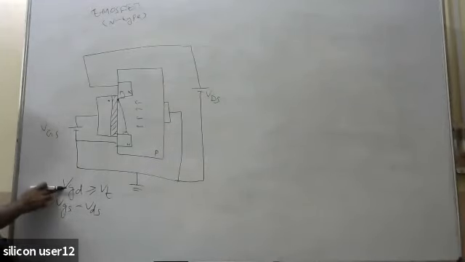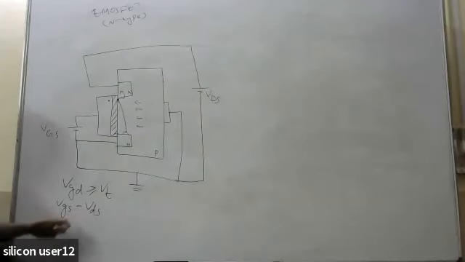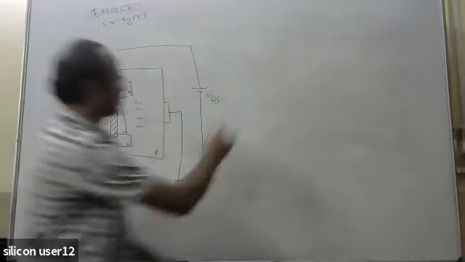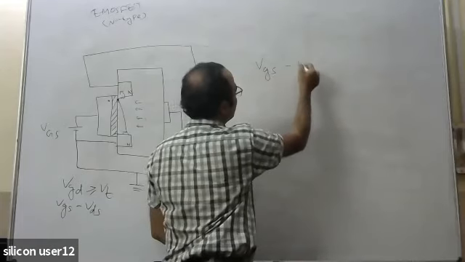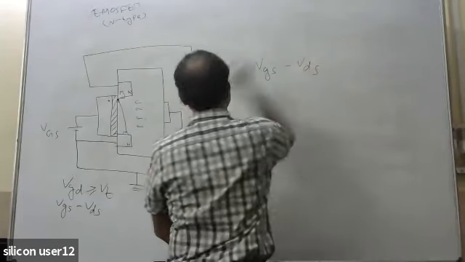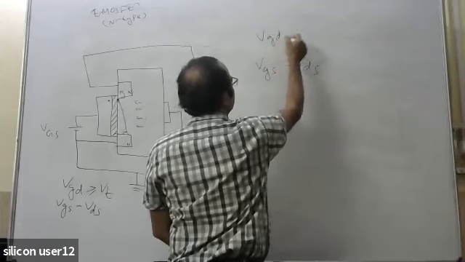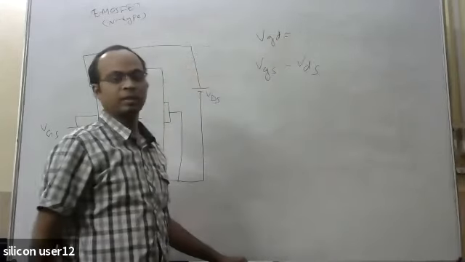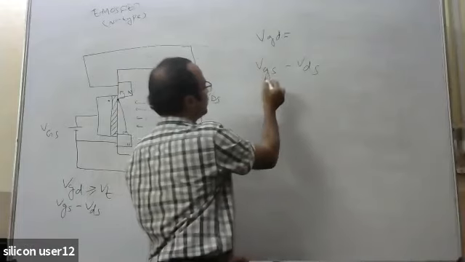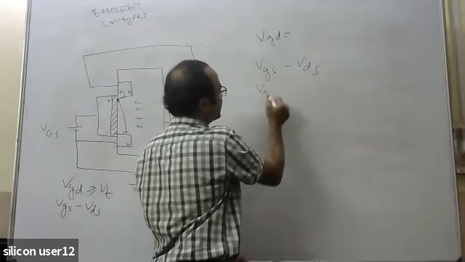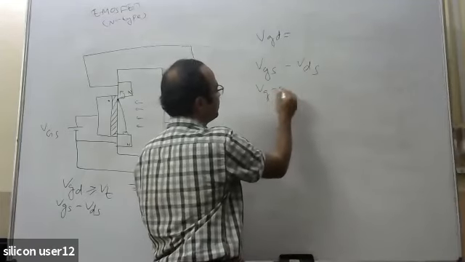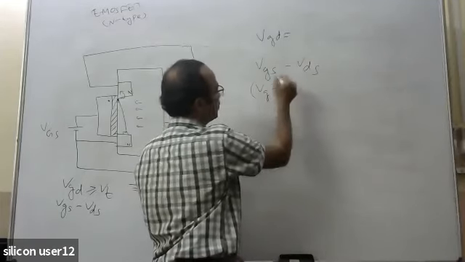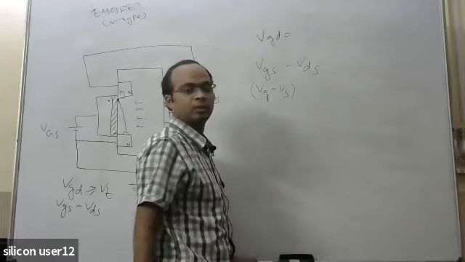If you are confused about why I have written VGD as VGS minus VDS, it can be analyzed. VGS is equal to VG minus VS, yes or no?